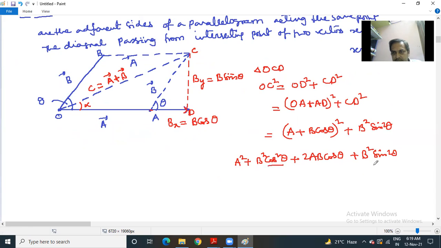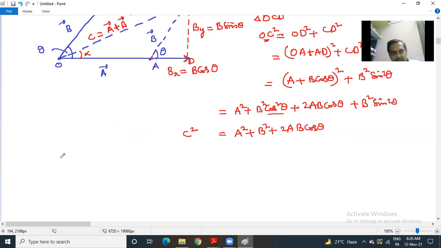Taking B square common, cos square theta plus sin square theta will be 1. So what you can write is A square plus B square plus 2AB cos theta is equal to C square, because OC is the magnitude of the resultant vector C. So the final is C equals root over A square plus B square plus 2AB cos theta.